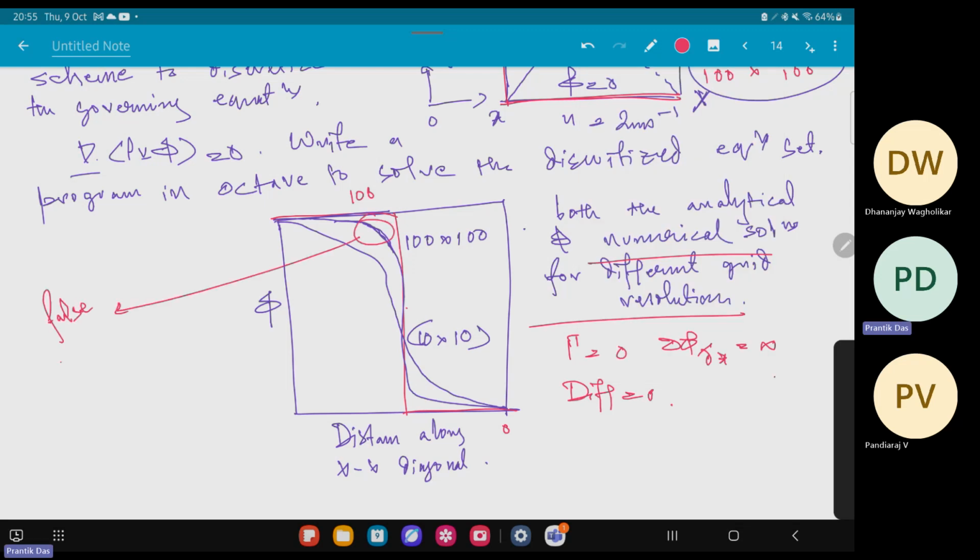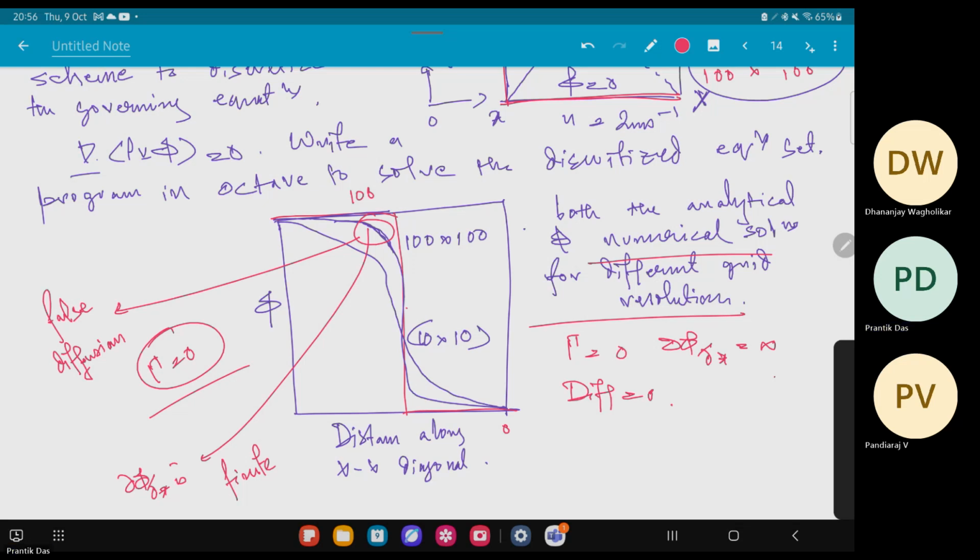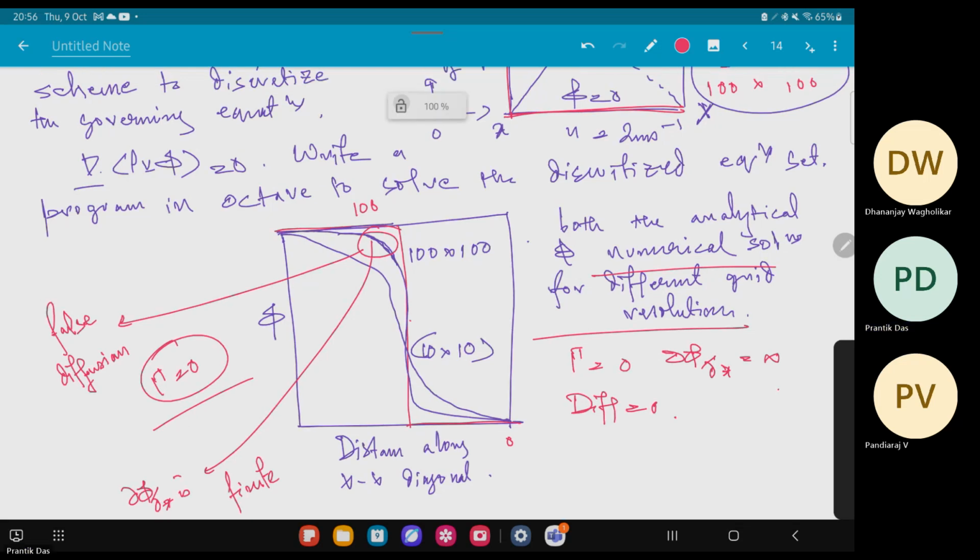There is no diffusion in the domain since gamma is equal to 0, but your upwind scheme is giving you some false diffusion, since d phi dx is finite in this region. You have to program this and then show it to me. You can show the graphs in the next classes. Otherwise, I will supply you the code.